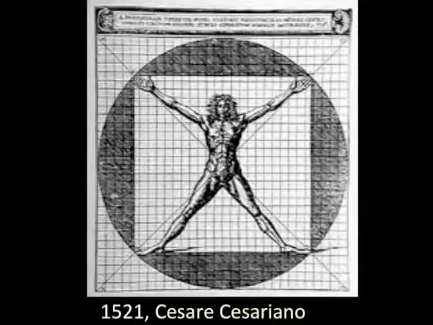But Cesariano still has another conundrum here, and that is the center. What's the center of the circle, and what's the center of the square, and how does the human figure relate to that? So classical thought will tell you that the navel, the omphalos, is the place where the soul resides. And so if there is something spiritual about man, then the navel would be the center of that.